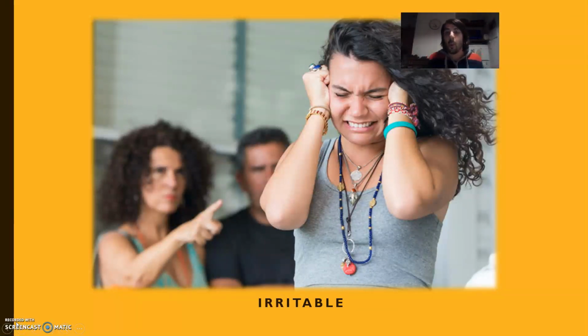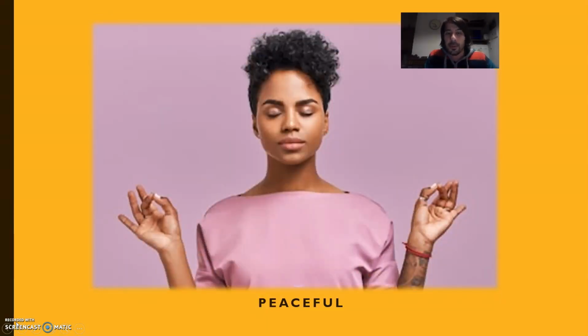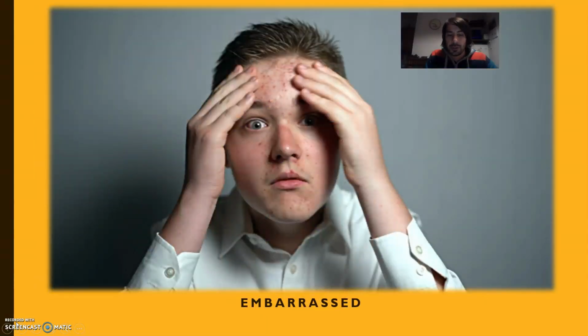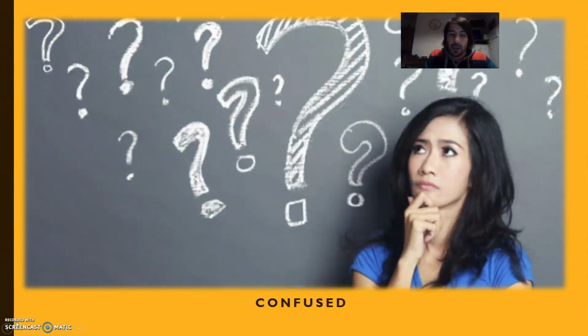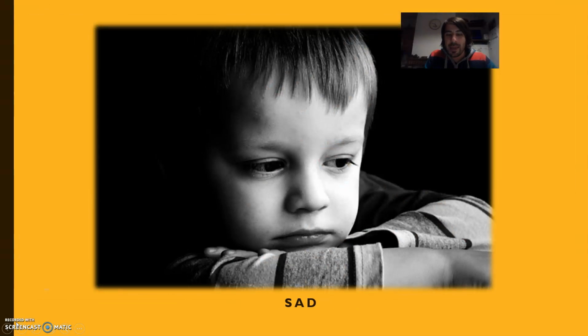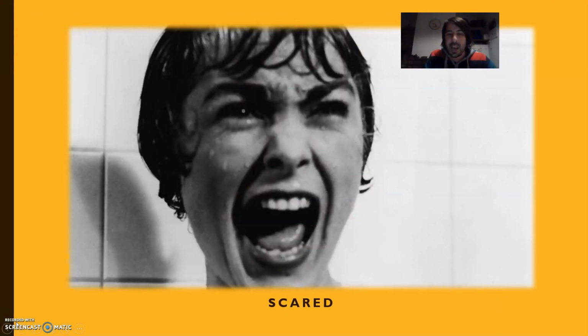If they don't know what an adjective means, the photos will help them to know or to guess the meaning of that adjective. For example, irritable, peaceful, anxious, embarrassed, confused, happy, sad, scared.